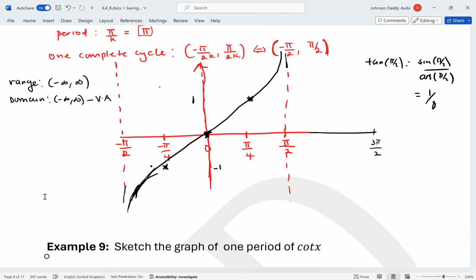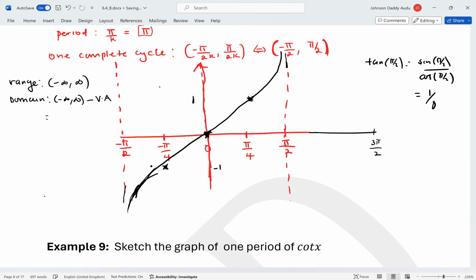You have to remove the vertical asymptotes, okay? So in this case, for one period, you are only going to remove minus pi over 2 and pi over 2, right? But in general, you need to remove the general vertical asymptotes, which would be the zeros of cosine x.